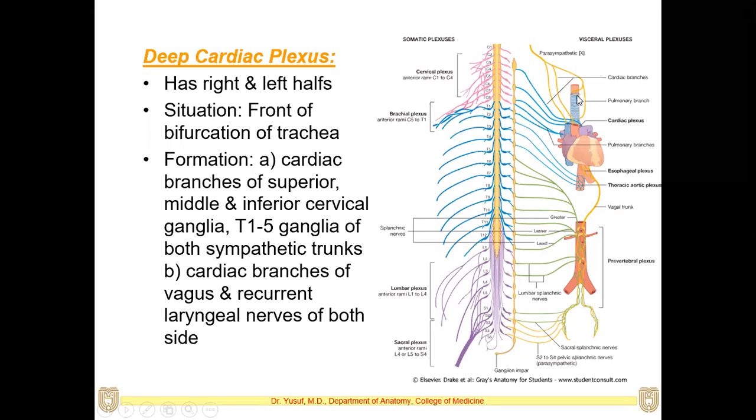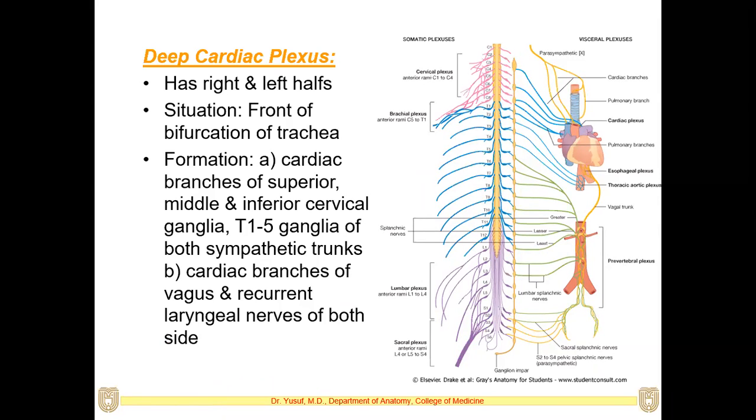A branch will go back, that is called a recurrent branch. Again, you cannot see that recurrent branch. A branch will be given here that will go above, that is called the recurrent laryngeal nerve. So that nerve as well as the vagus nerve, both their cardiac branches, will form a plexus that is called the deep cardiac plexus. Okay, so this is all about the nerve supply.